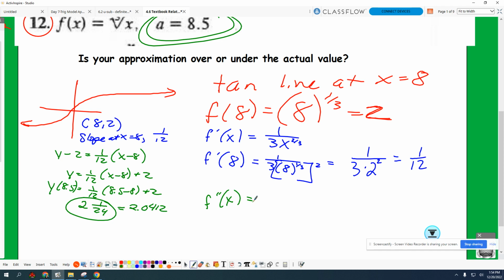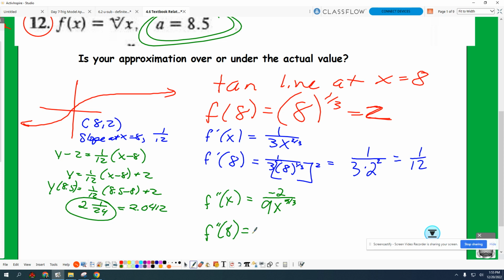Check the concavity. Nick, what's the derivative of this? Multiply by the power. I got -2/9 x to the -5/3. At 8, I don't need to find the actual value. I just need to know, is it bigger than 0 or less than 0?